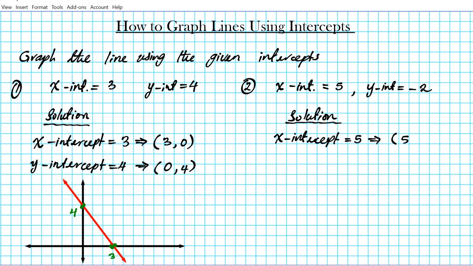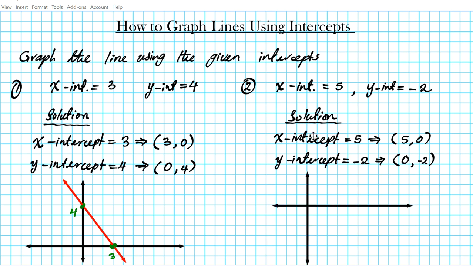It goes through the point 5, 0. Alrighty, so the y-intercept is -2. What does that mean? It means that the graph cuts through the y-axis at -2 and the other coordinate is definitely going to be 0 since you're on the y-axis.